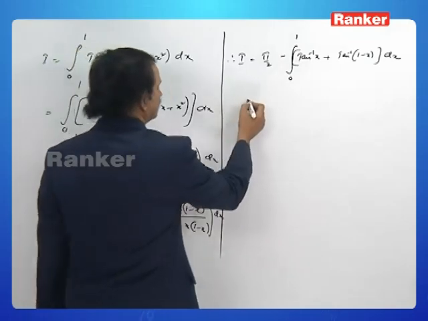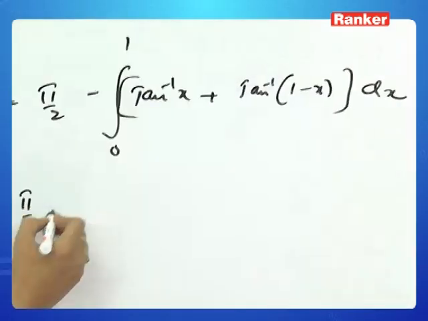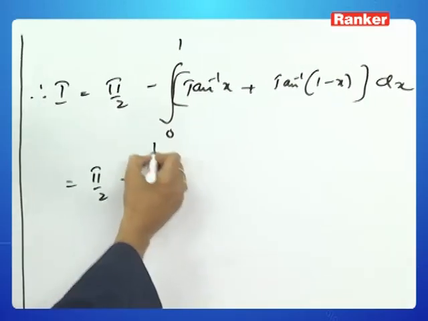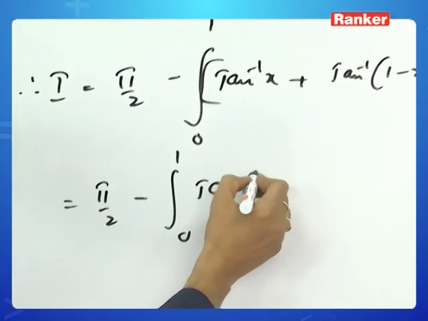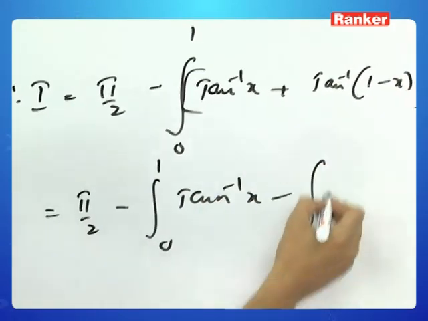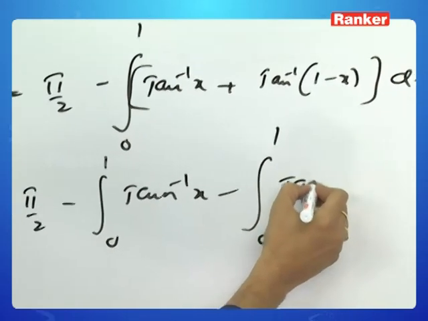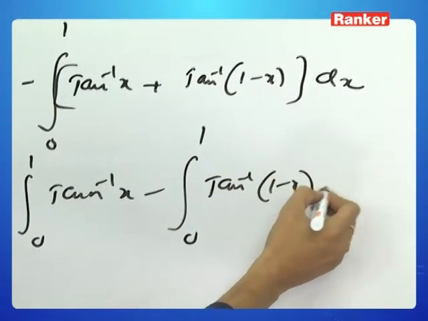This is again pi by 2 minus integral 0 to 1 tan inverse x minus integral 0 to 1 tan inverse (1 minus x) dx.